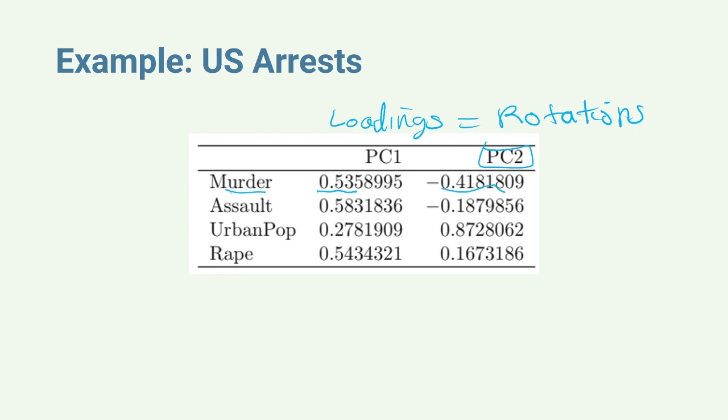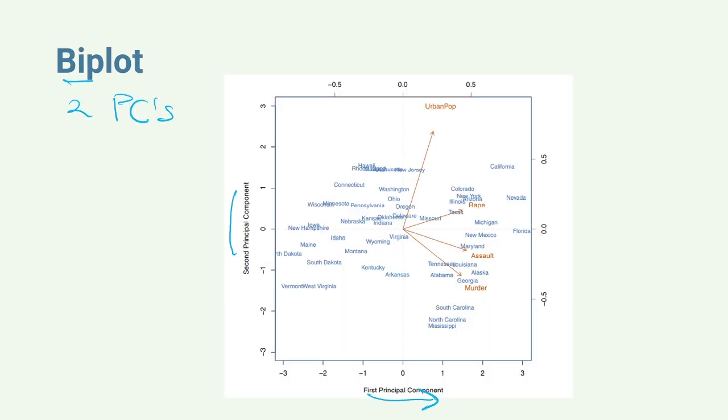This is a negative sign. So this says that as PC2 increases, the murder rate should decrease. As PC2 increases, that's as you move up along the y-axis, the murder rate should decrease. Look at that. As you move up here, you're moving backwards along this direction here.